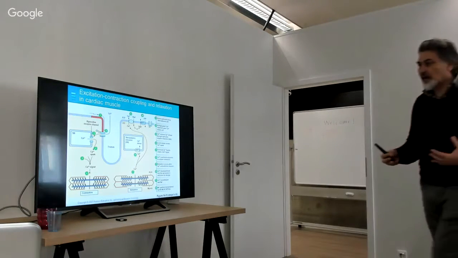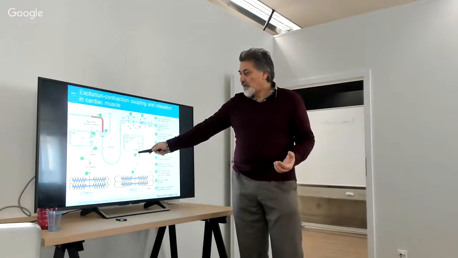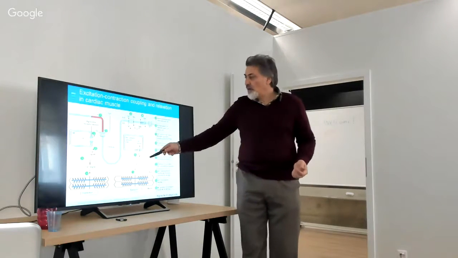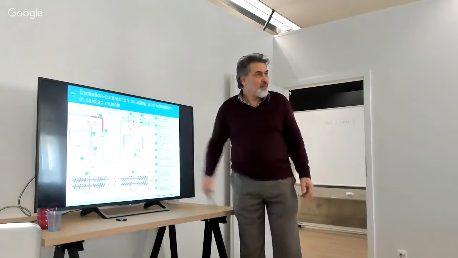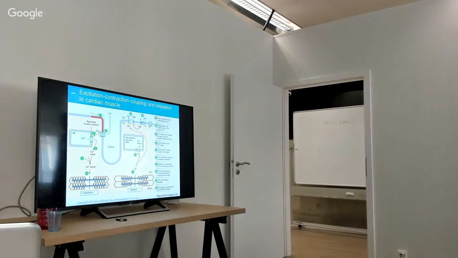Then the calcium should be removed by this pump, SERCA, which pumps the calcium into the sarcoplasmic reticulum, and by this exchanger that puts the calcium outside in exchange for sodium.